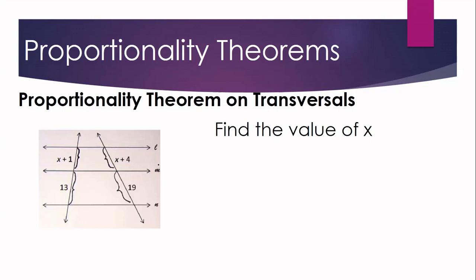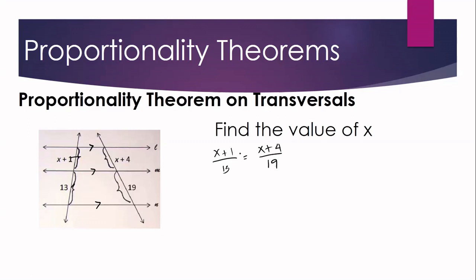Considering that lines L, M, and N are parallel to each other, let us find the value of x. So we can have the equation. We can have x plus 1 over 13. So yung ratio ng dalawang side na to is equal to the ratio of x plus 4 over 19.